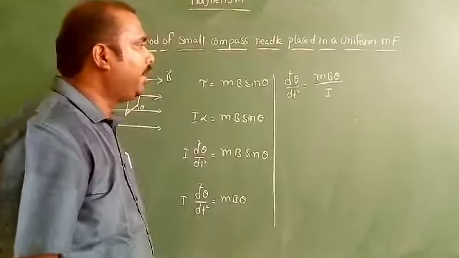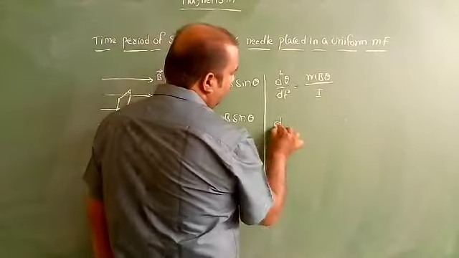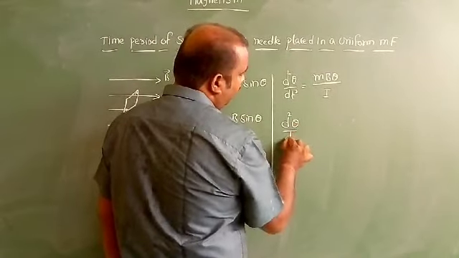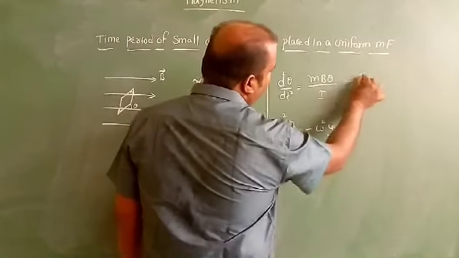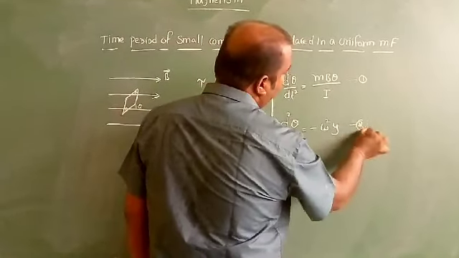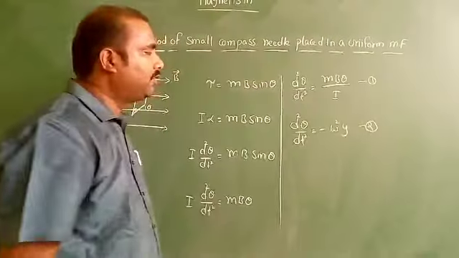Now, from oscillations, we already know d square theta by dt square is equal to minus omega square y. This is equation 1, this is equation 2. Now compare these two equations 1 and 2.